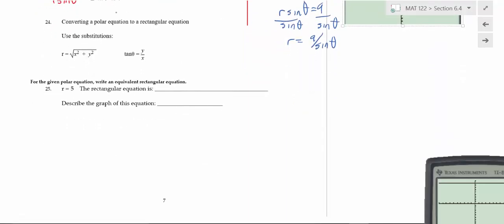In number 24, we're going to be converting polar to rectangular. The substitutions that typically apply are going to be these.